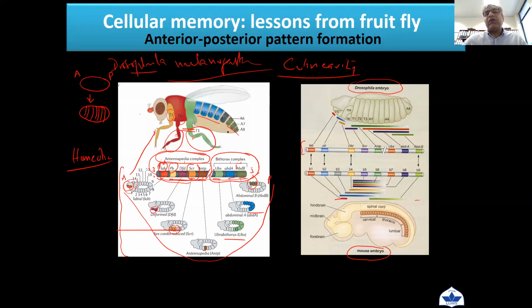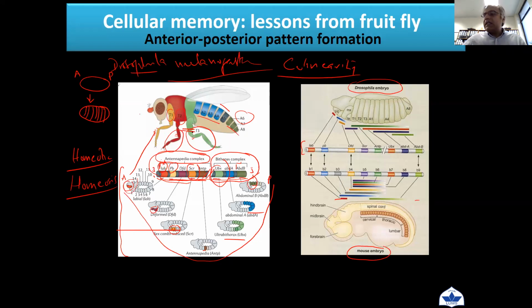If ABDB starts expressing in this region, A4 and A5 will take up the identity of A6. Or if UBX is expressed in T2 where normally wings are present, the wings will become halteres. So homeotic is derived from homeosis. One body segment takes up the identity of another one.